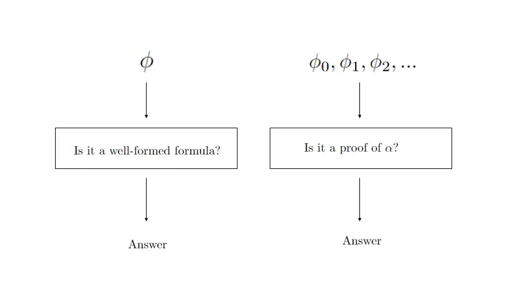The same thing happens with proofs. So, if you are given a sequence of formulas and a formula, you can run an algorithm that will let you know if the sequence of formulas is a proof of the other formula.